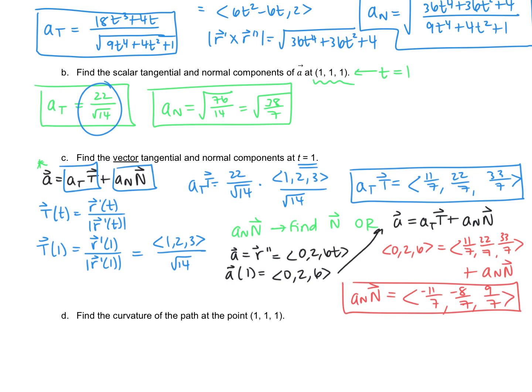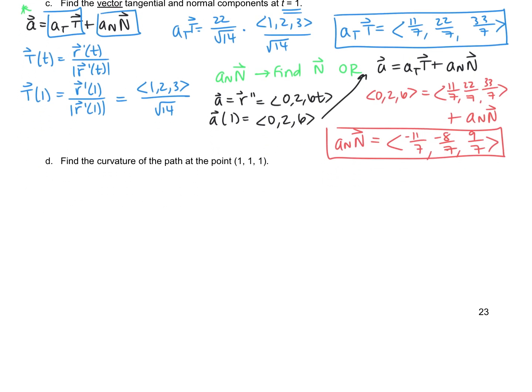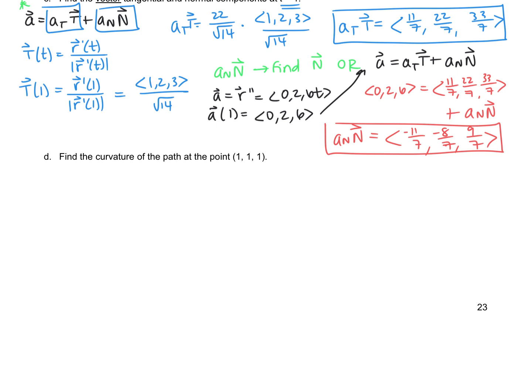Okay, and then lastly, just part D, a quick review. Find the curvature of the path at the point 1, 1, 1. So if we remember the curvature formula, we're taking r prime, crossing it with r double prime, magnitude of that divided by the magnitude of r prime to the third power.